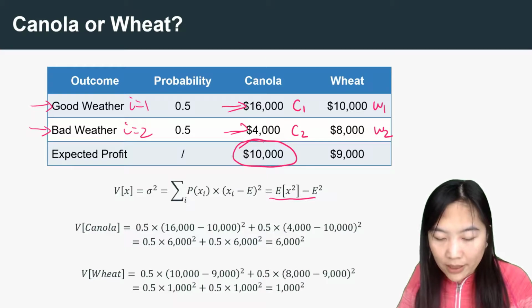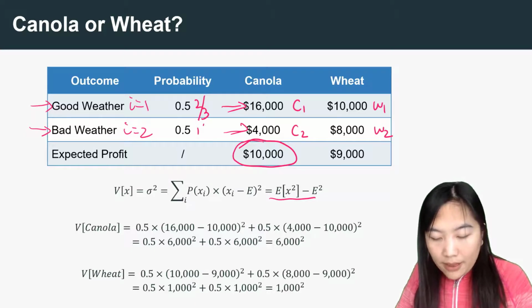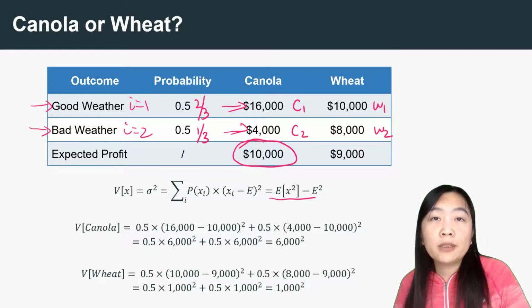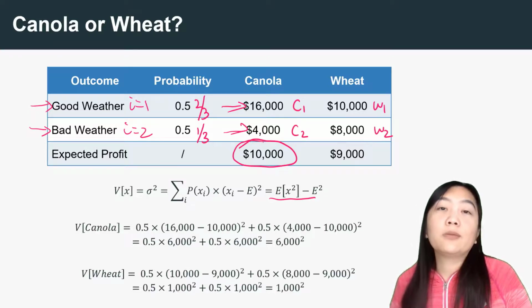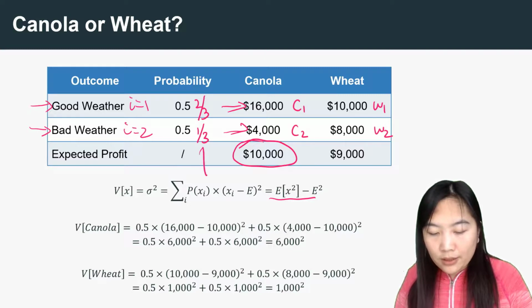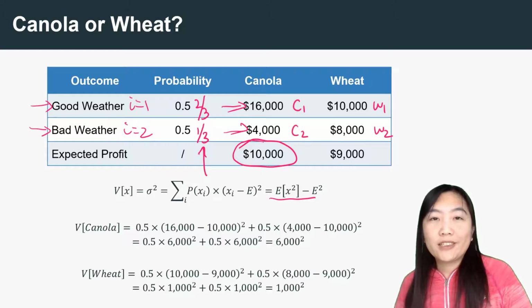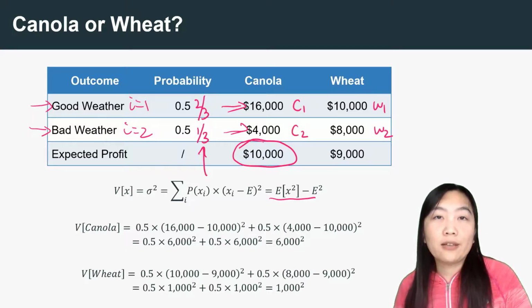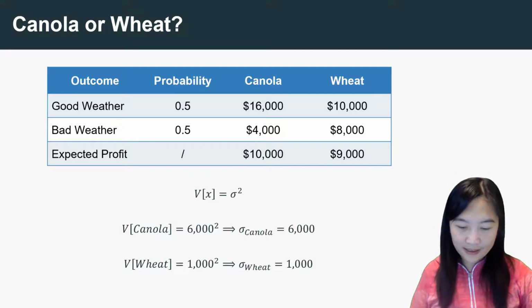For example, if good weather happens with probability 2/3 and bad weather with probability 1/3, what is the expected profit, the variance and the standard deviation? Try using these unequal probabilities and see if you are really able to calculate variance. Once we have calculated variance, it is very easy to get the standard deviation.